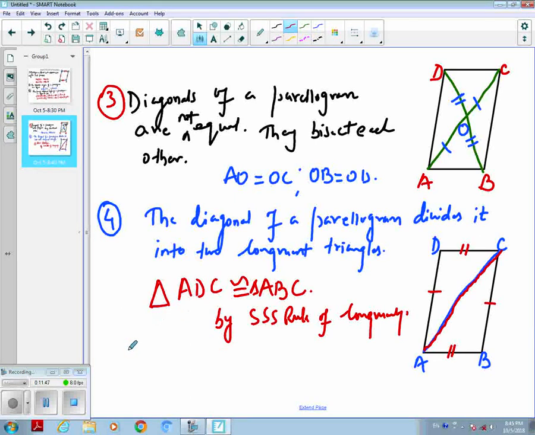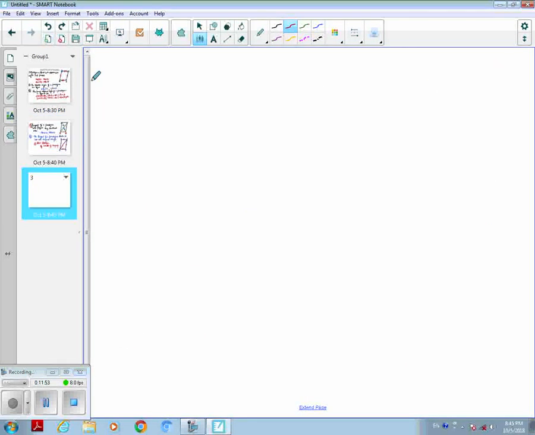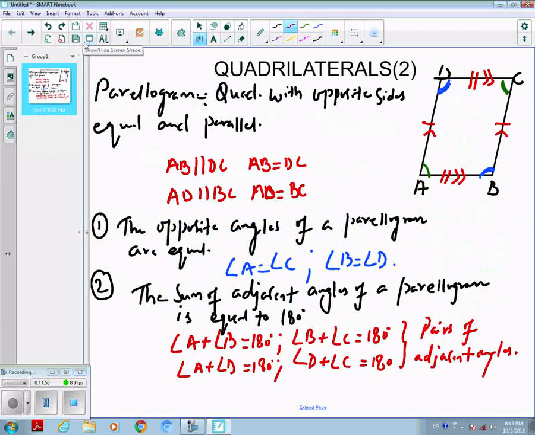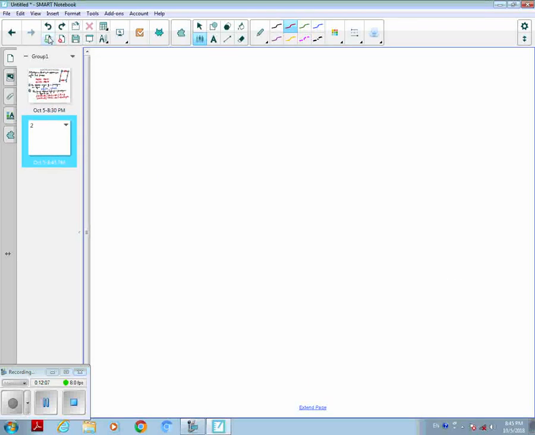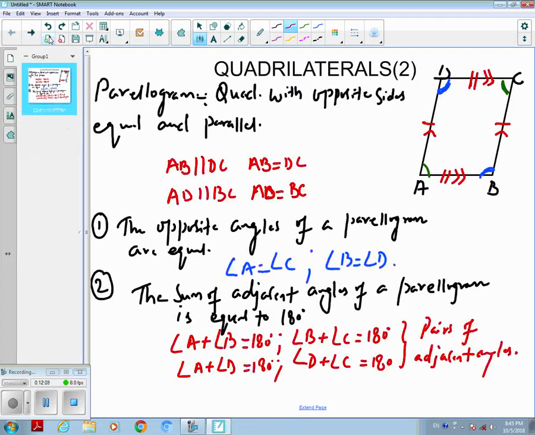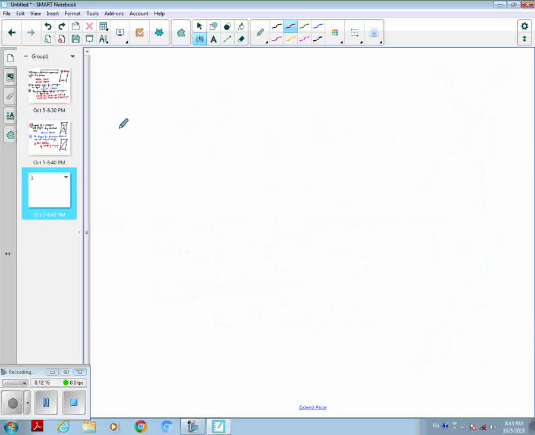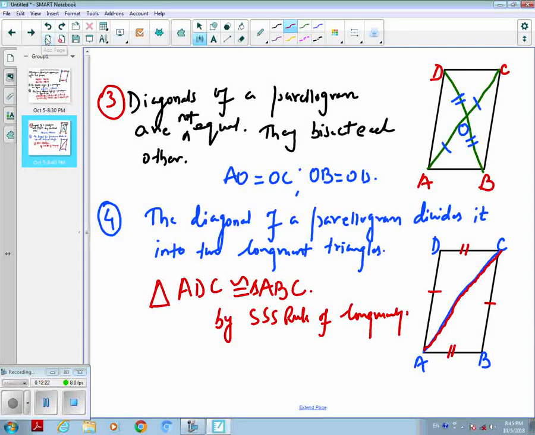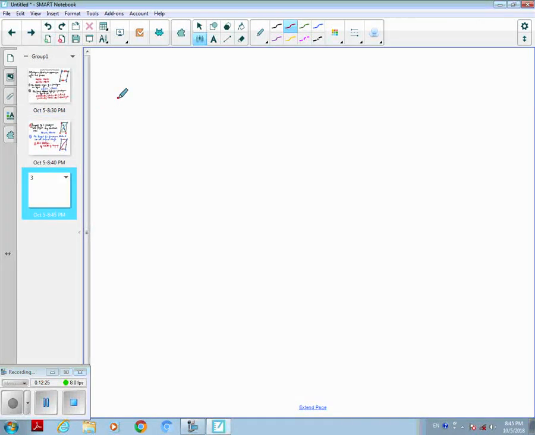I'll brief it to you on my next page. Rules of congruency.